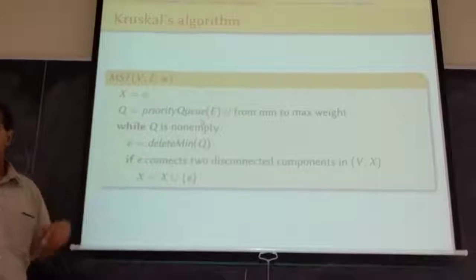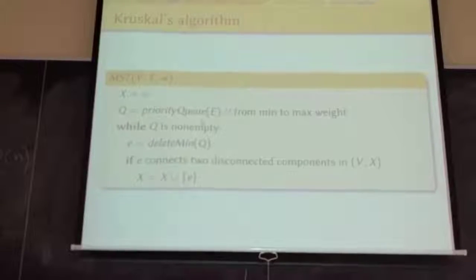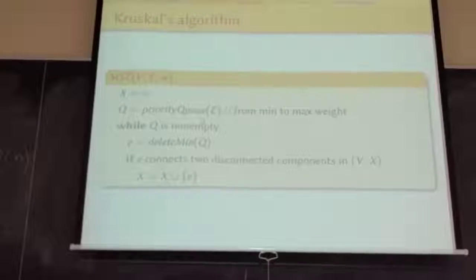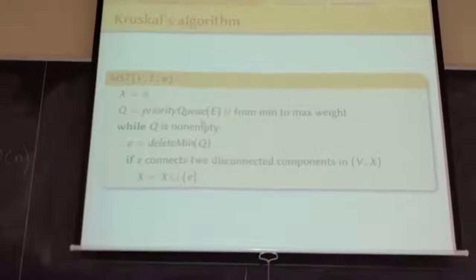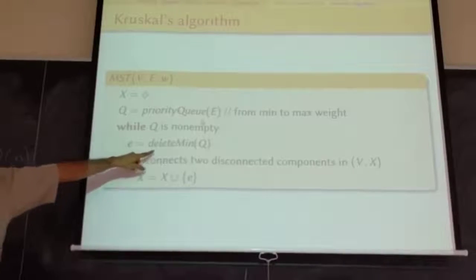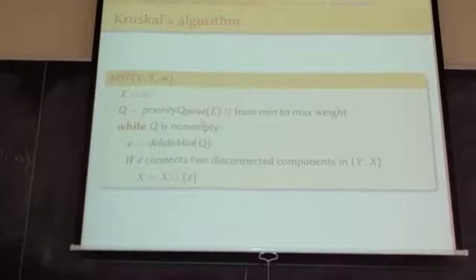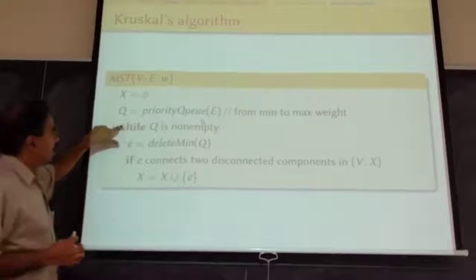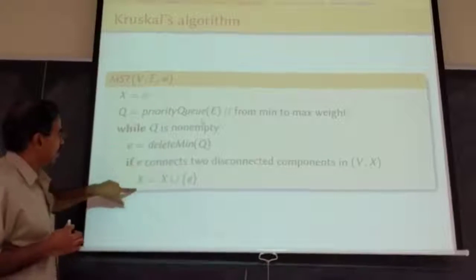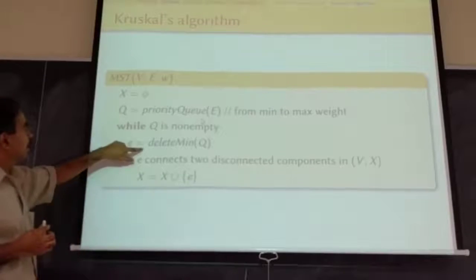So you end up spending essentially n log n time, because this delete min takes time that's logarithmic in the number of edges. And we have said log e in a graph is the same order as log v.